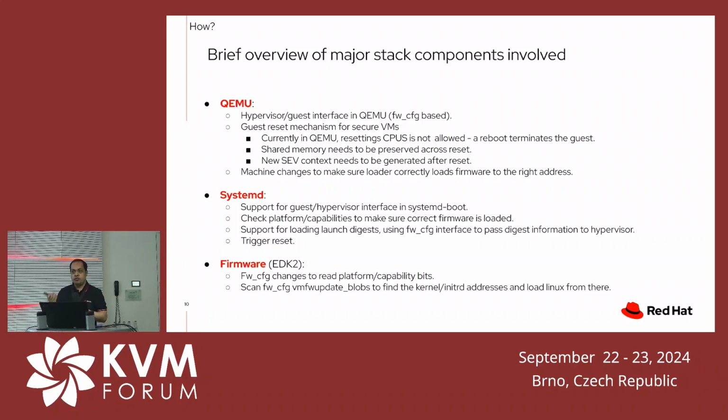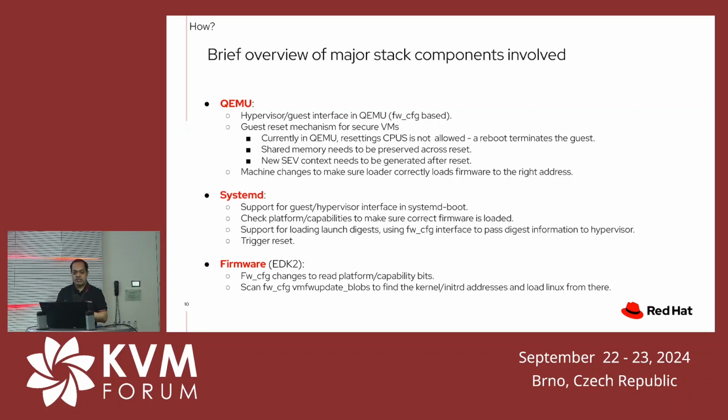So obviously there will be changes in QEMU, because QEMU needs to interface with the guest, and the guest needs to tell QEMU the different blobs that are part of the measurements. And then there is systemd, which is the UKI, that needs to have the support for recognizing the blobs and then loading them in the memory.